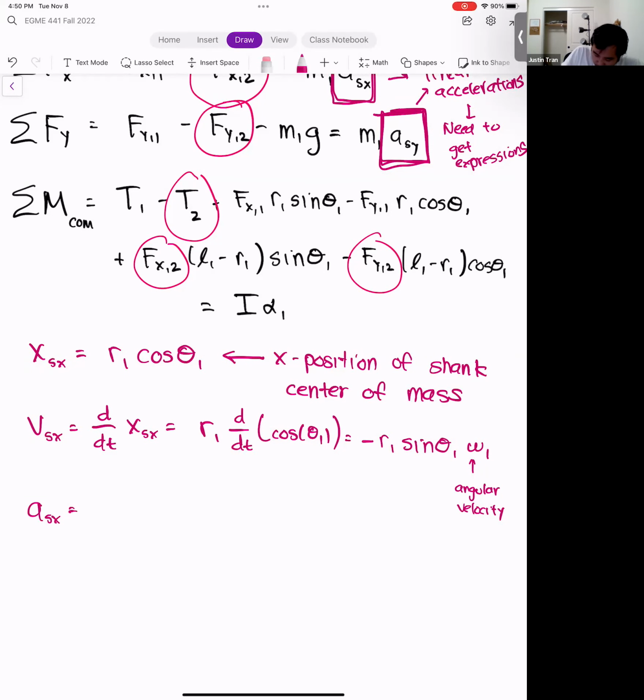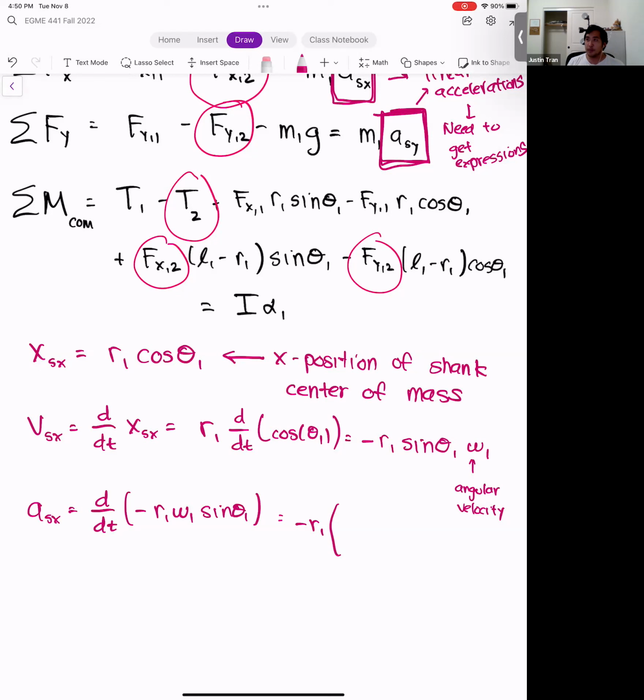We're going to do the same thing for the acceleration. We take the derivative with respect to time of minus r1 omega 1 sine theta 1. Once again, r1 does not change with time, so we factor that out, and we have a minus r1 out here. Then we have the time derivative of omega 1 times sine theta 1.